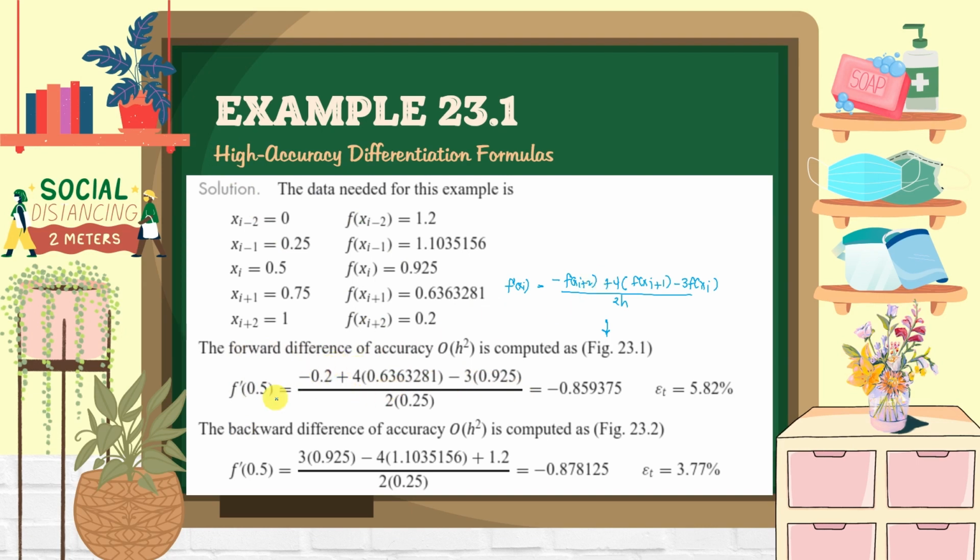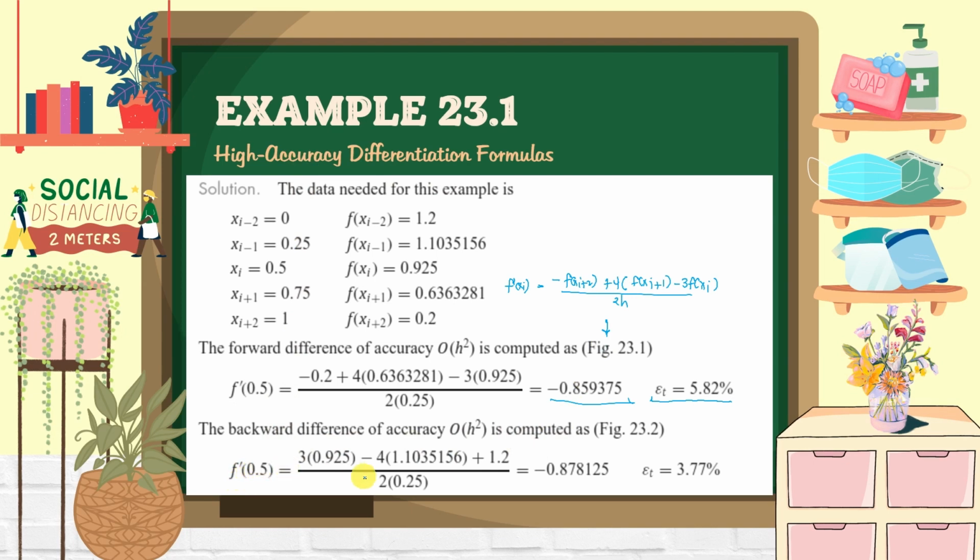So we will have negative 0.2 plus 4 multiplied by 0.6363281 minus 3 multiplied by 0.925, all over 2 multiplied by 0.25, equals negative 0.859375 with an error of 5.82%.